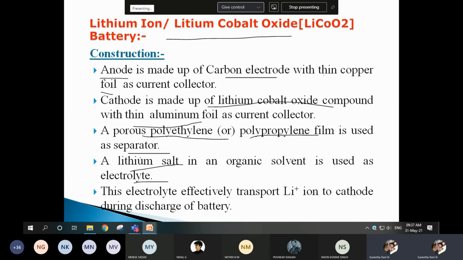What is the electrolyte? Electrolyte is lithium salt. The lithium salt contains lithium ions, which help in effectively transporting Li plus ions to the cathode during discharge of the battery.